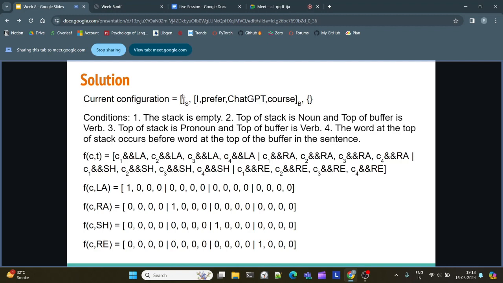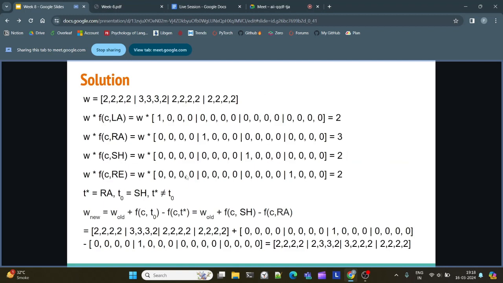Since the top of the stack is empty, no left arc or right arc transition can be performed at this step. There's also nothing in the stack to reduce, so reduce is not possible. I'm only remaining with shift. So shift is the only feasible transition at this configuration. That would be the gold label, the correct transition at this step given by the oracle.